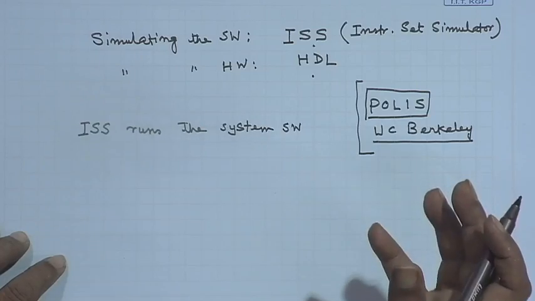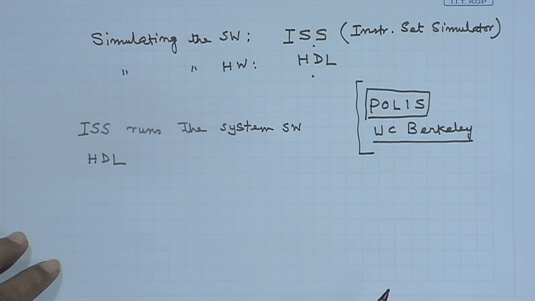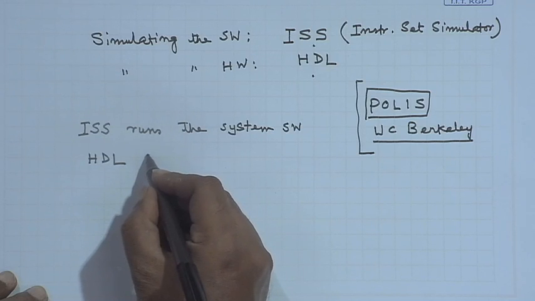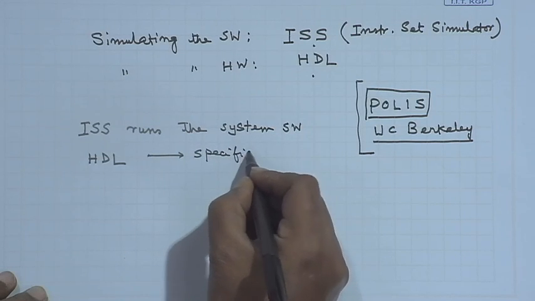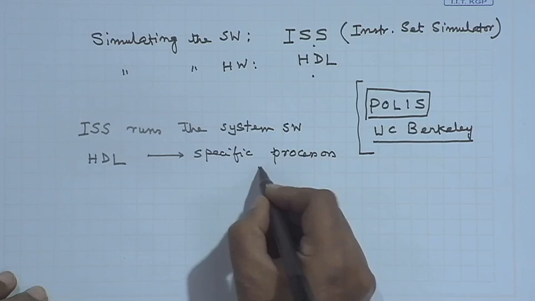Even the microprocessor can be simulated, because the microprocessor can be represented using HDL. Whenever we are selecting a microprocessor, say 8051, we have got the VHDL core for that. So, that core is coming as an HDL. HDL can lead to specific processors and ASICs.